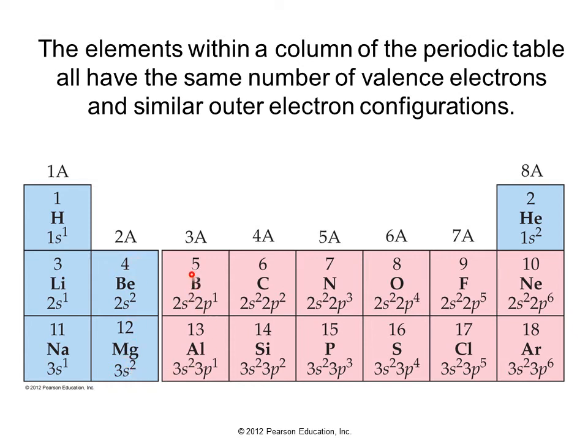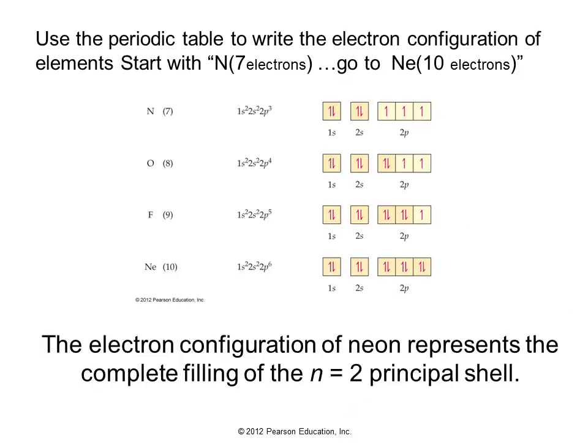And you notice then we skip over the transition elements and get over to the 3A group, and we see that it has a filled s, ns2, and then np1, and we continue. They all have the same outer electron configuration. Very important to note.